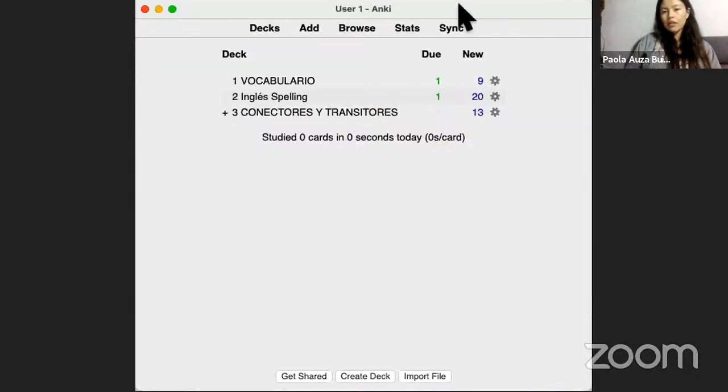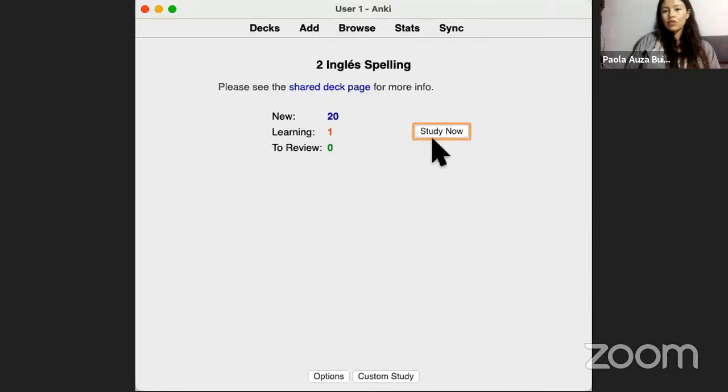I'm going to keep talking about this because it's really going to help you to improve, well, in this part, the spelling part, in the listening. You can grow your vocabulary.